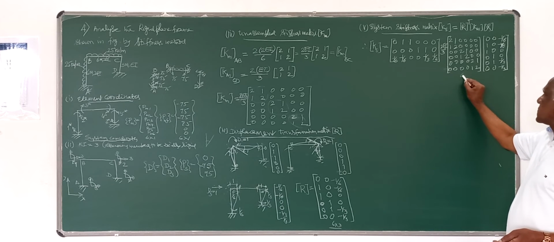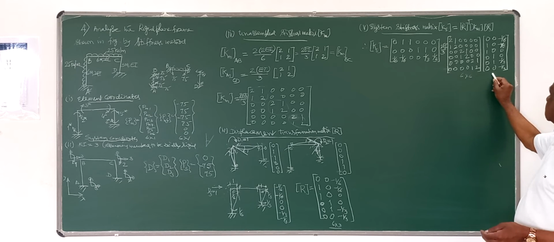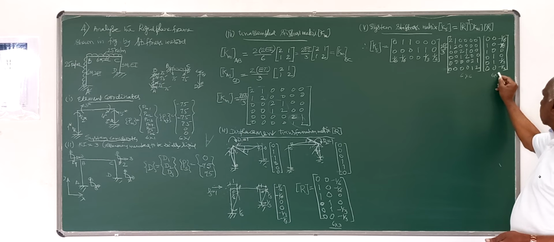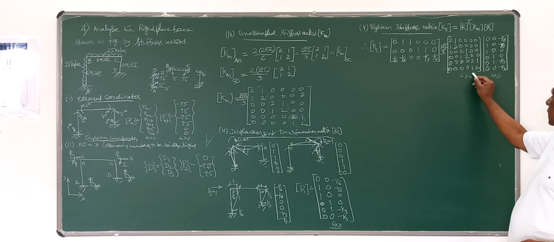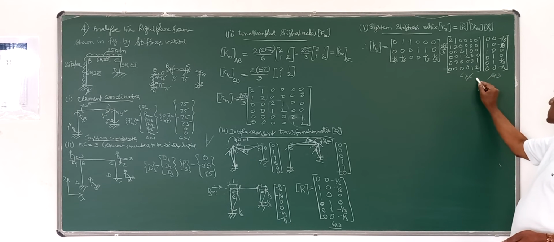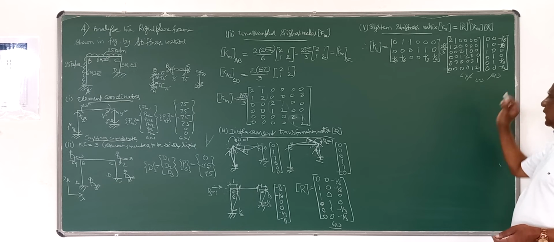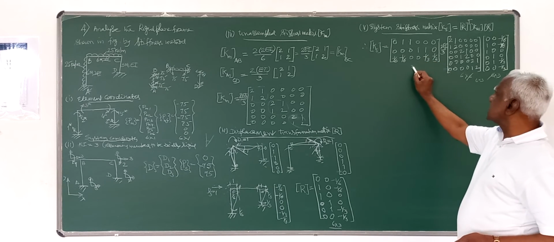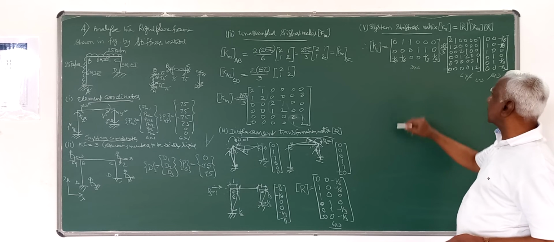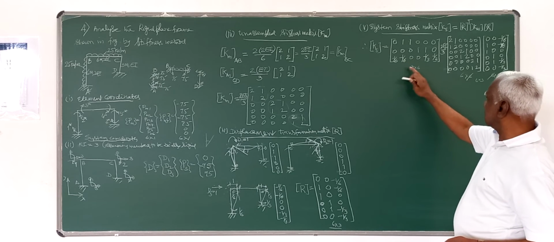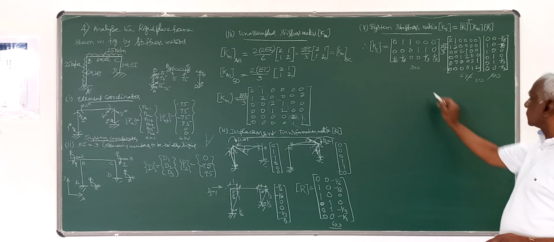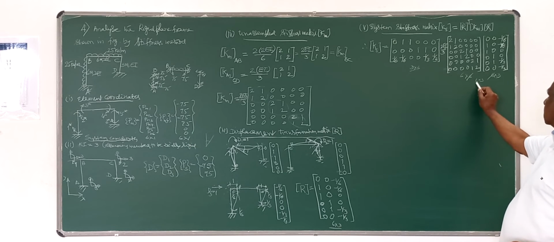So this is a 6 by 6 matrix. This is a 6 by 3 matrix. So here the column is equal to the row. The resulting matrix will be a 6 by 3 matrix. Here this is a 3 by 6 matrix. Yes, a 3 by 6 matrix. So I have multiplied this by this.